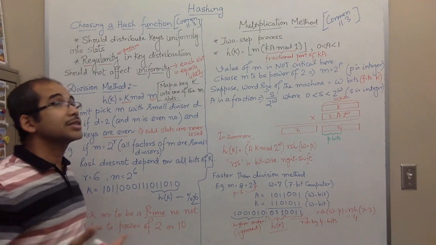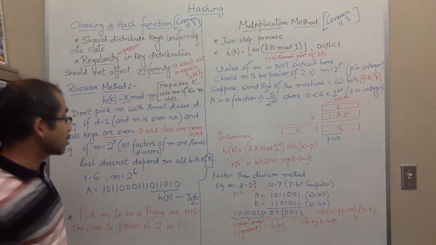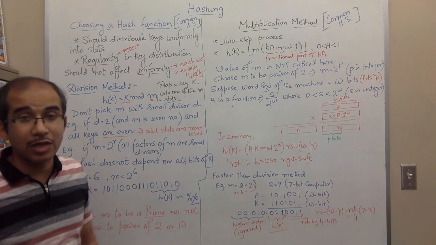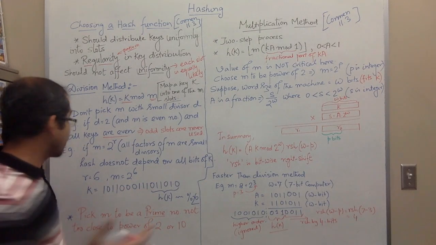So it's not a proper distribution. It violates the concept of simple uniform hashing, because all slots are not equally likely.